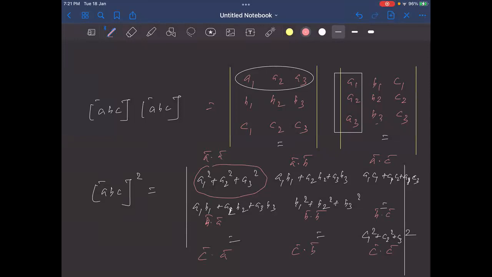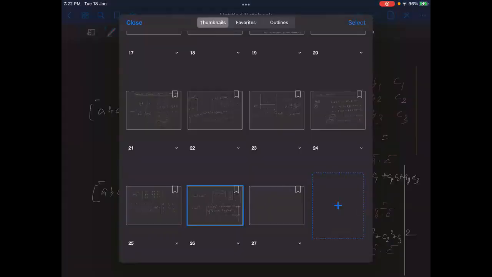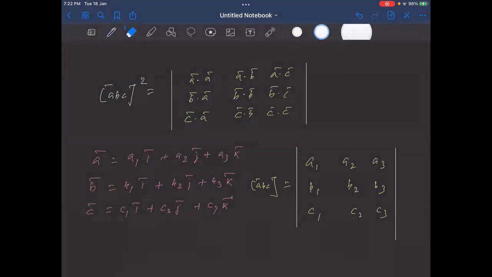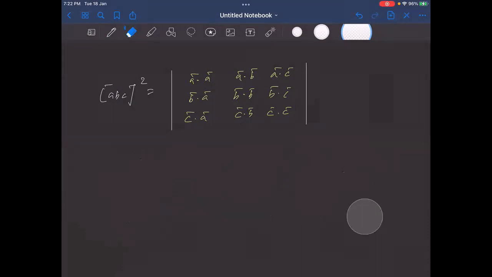Is it clear to all? Anyone needs any explanation in this? क्लियर है सभी को? Can we go to the next, sir? तो ये फॉर्मूला यदि मैं यूज करूं इस पर्टिकुलर केस के लिए, तो अब मेरे को बताओ इसमें सारा वैल्यू अवेलेबल है तुमको. A dot A क्या हो जाएगा? A यूनिट वेक्टर है ना? Yes.